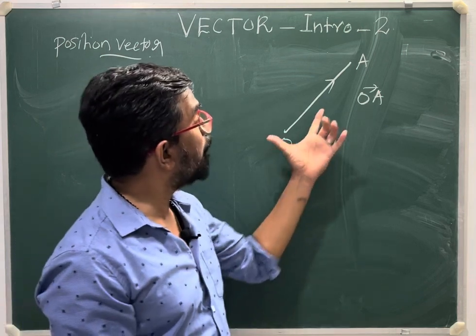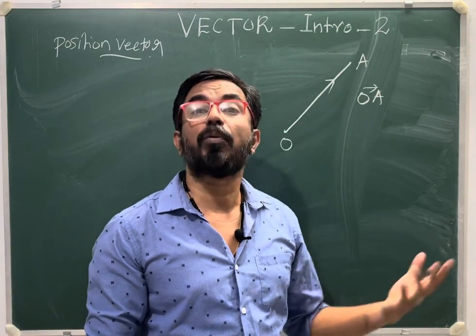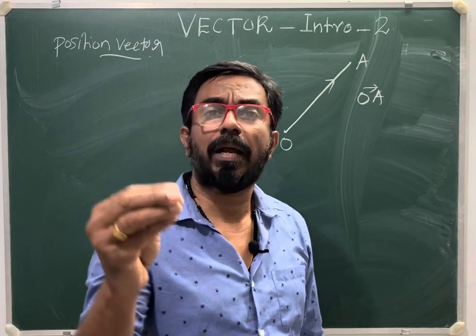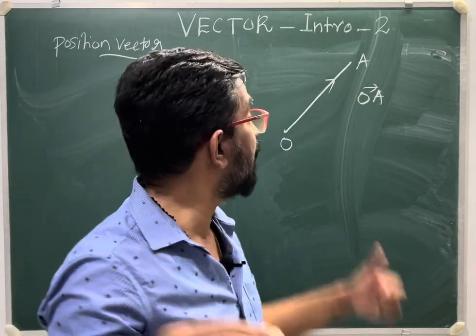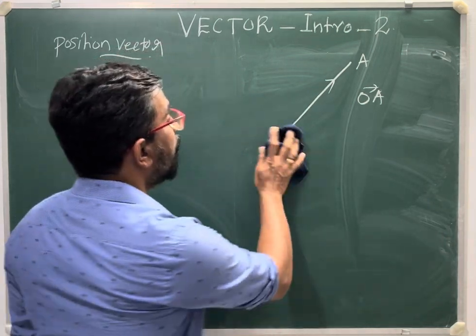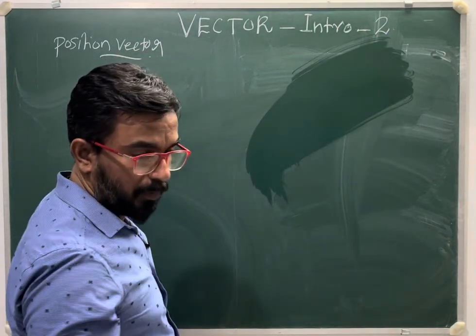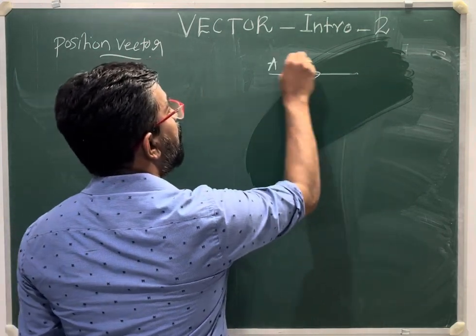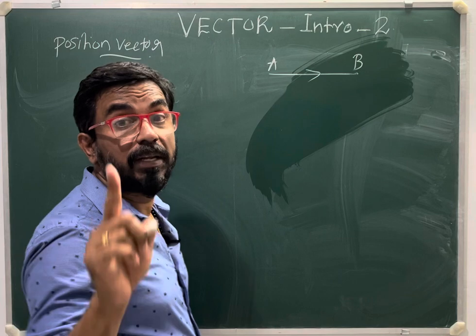Now with the help of this position vector, I am going to speak about how we consider a complete vector in this space. So for that, please look here. I have a vector here, AB. It's a very important learning.